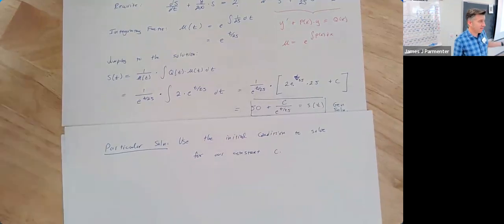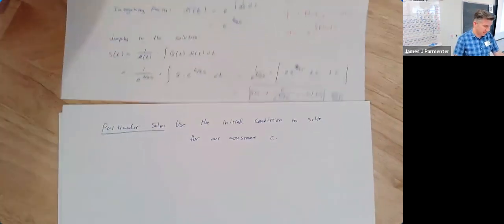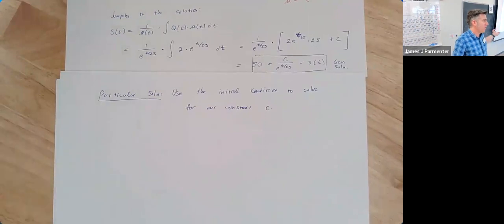I haven't said what it was, but you all know. I asked how much sugar we have at the beginning, and you told me 0. So at time t equals 0, S is also equal to 0.